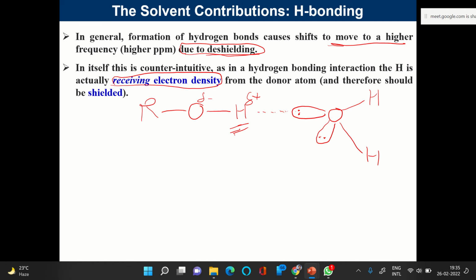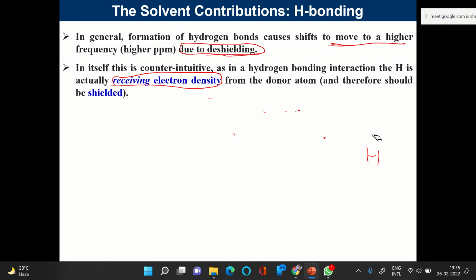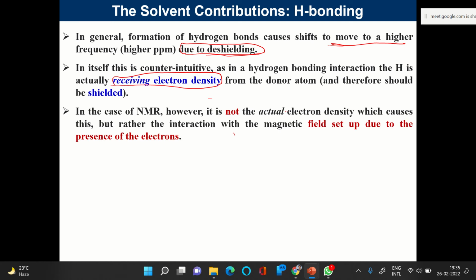So actually we are not thinking in terms of the electron density that is coming, but the field that is set up by the presence of that electron. This is what we have learned in the previous class also, that the magnetic field can be different, can have different effects at different points.